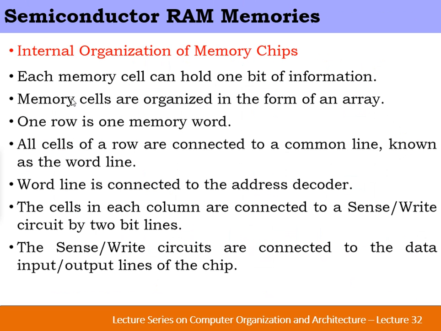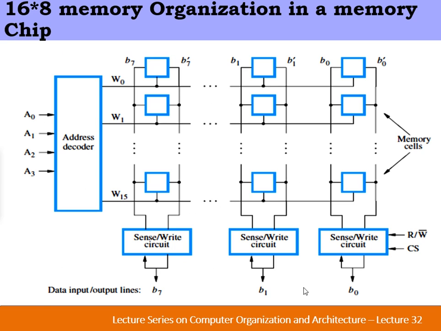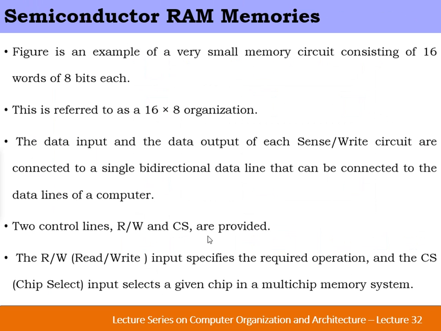Now here the word lines are connected to the address decoder. The cells in each column are connected to a sense/write circuit by the 2 bit lines. The sense/write circuits are connected to the data input/output lines of the chip. So the outputs of these are connected to the data input/output lines, and the address decoders are connected with these word lines.